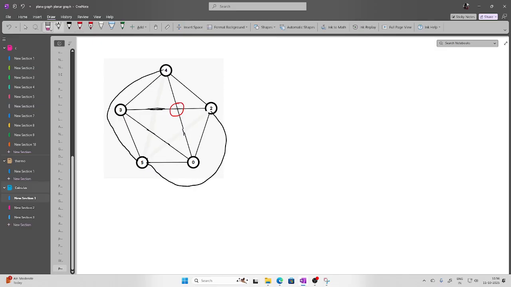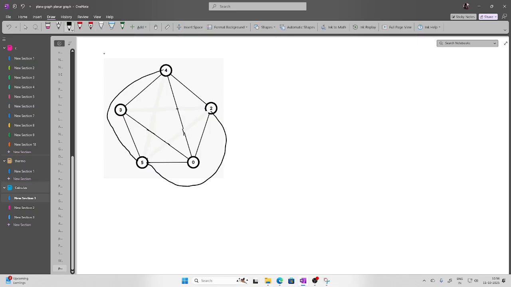Why am I saying that you cannot remove it? Let me show this to you. Let's say I remove this particular edge. So if I remove this edge, then I have to draw it from outside. There is no other way.